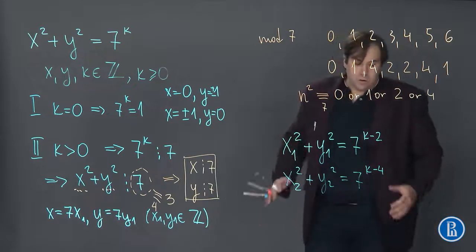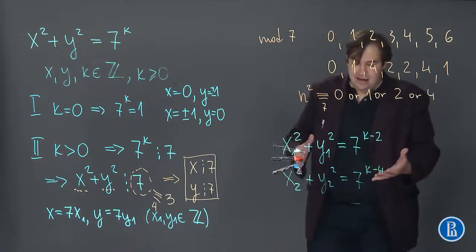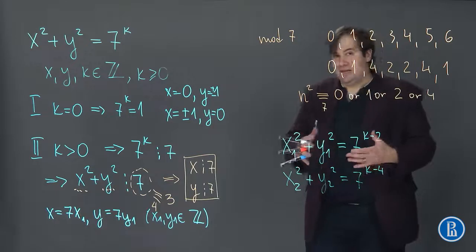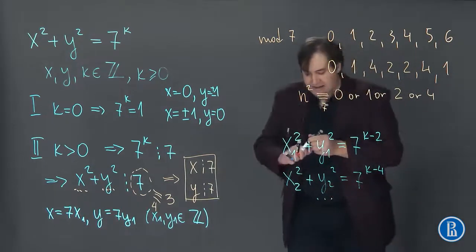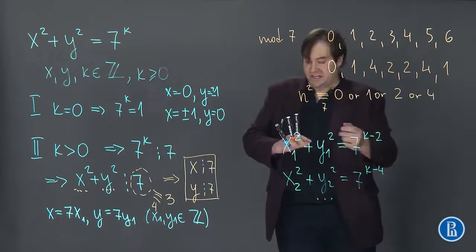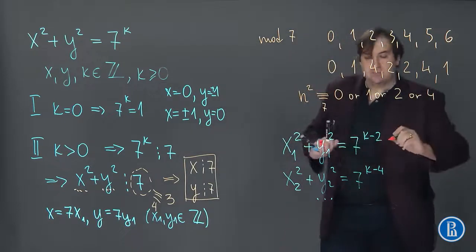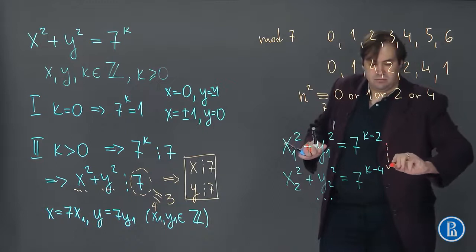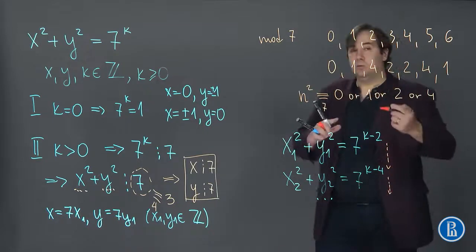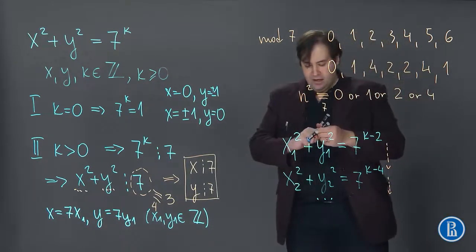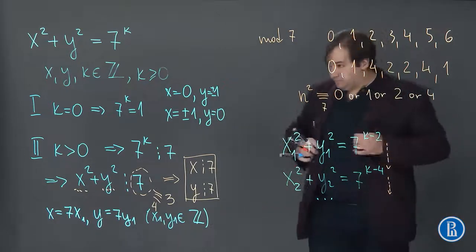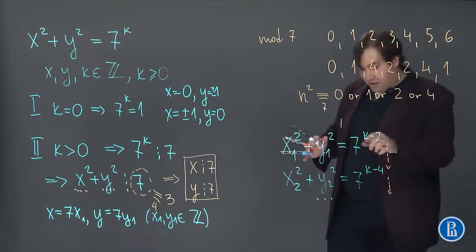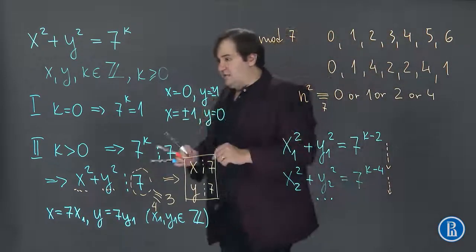But how long will this last, and what will happen in the end? We understand that the power of 7 is decreasing. It's decreasing by 2 each step. So eventually, since we know that k is non-negative, this power should be non-negative.